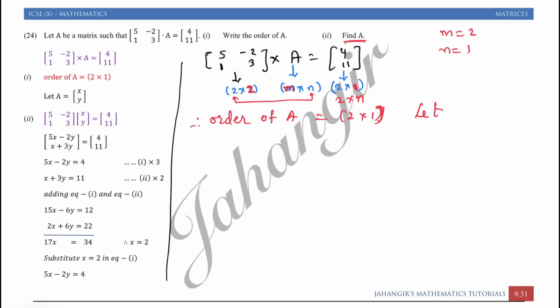Find A. Let A be 2 by 1, 2 rows and 1 column, x and y. So what I will do: [5 1; -2 3] into [x; y] is equal to [4; 11].